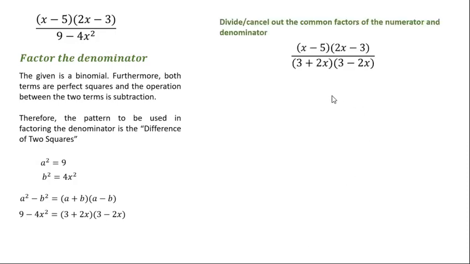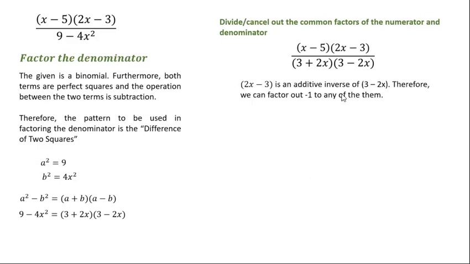Now, substitute natin yun siya dito sa ating denominator, and we will divide or cancel out now the common factors of the numerator and denominator. Pero, kung mapapansin ninyo, walang common factors pa. But, you can observe that 2x minus 3 and 3 minus 2x ay magkabaliktad yung sign ng bawat term na pareho sa kanilang dalawa.